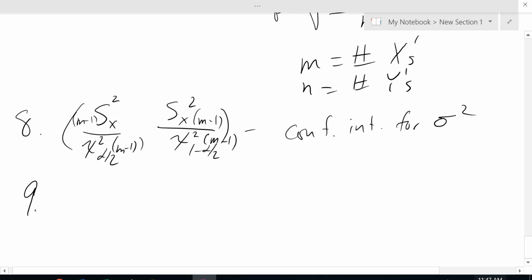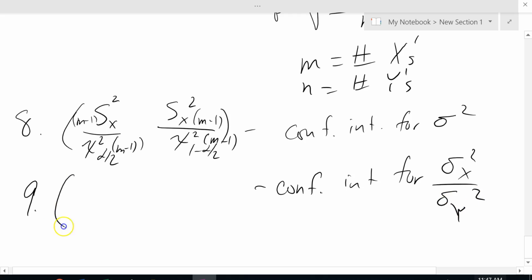If we do a ratio of variances, oh shoot, I forgot. It's minus 1. We lose a degree of freedom because it's variances again.